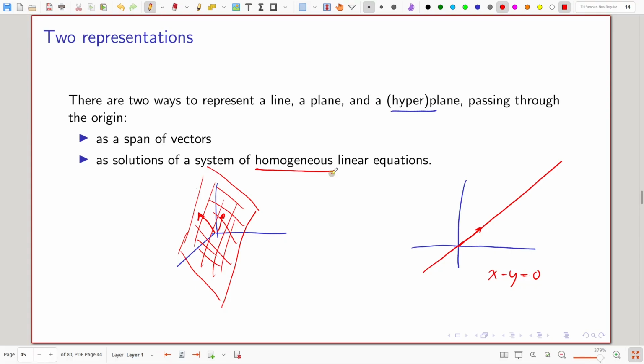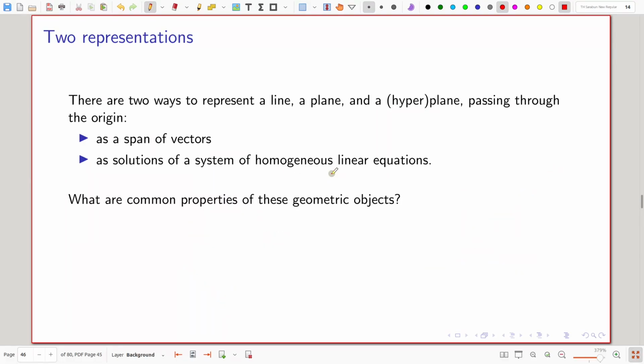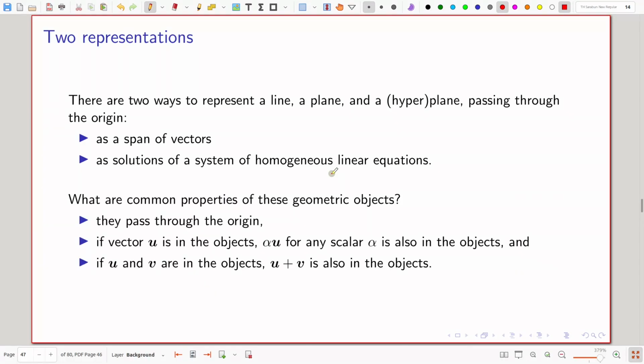So we will define what we call a vector space. This object we refer to as a vector space. But what are the common properties of these objects? First of all, they pass through the origin, so they contain 0.